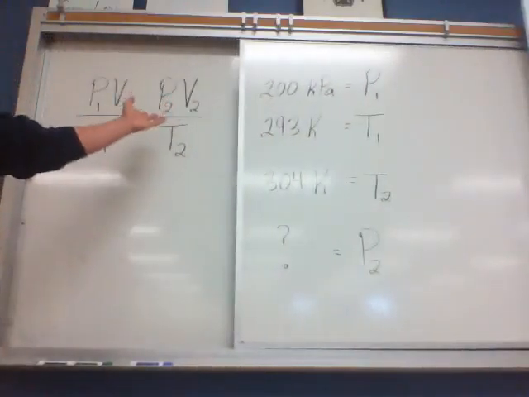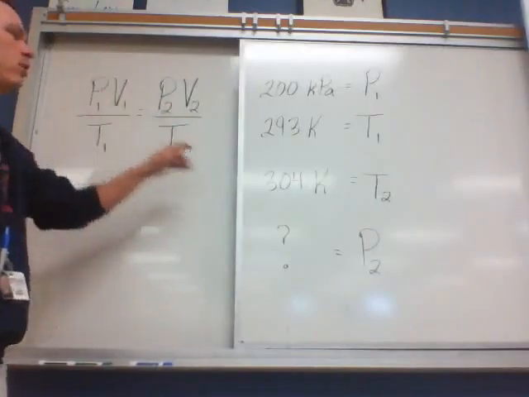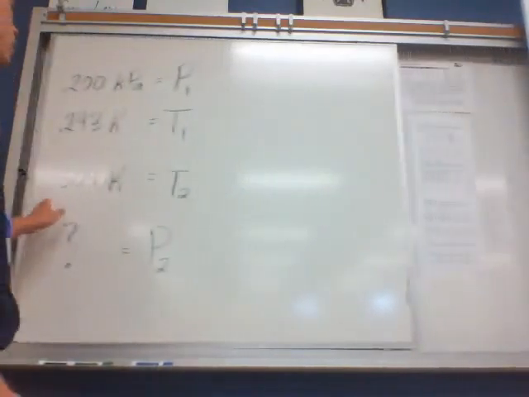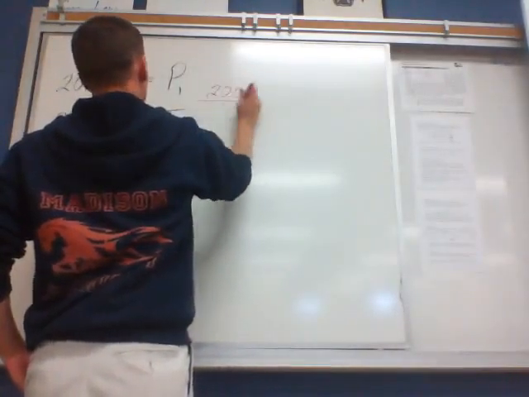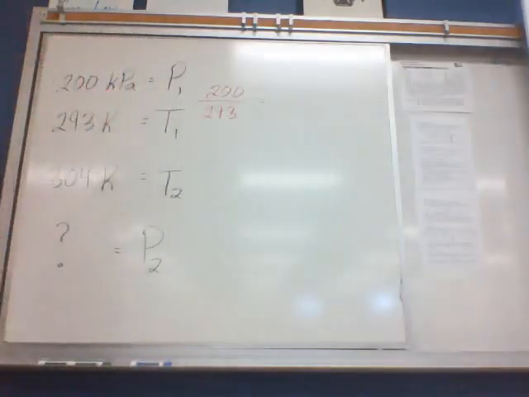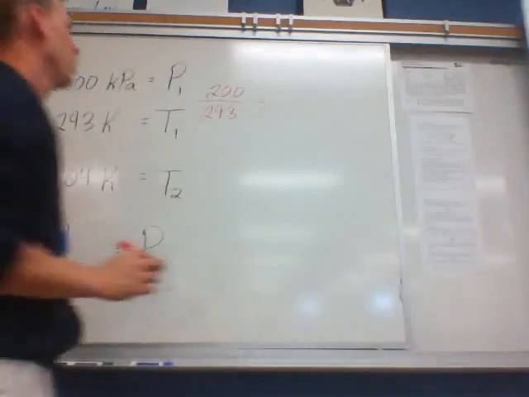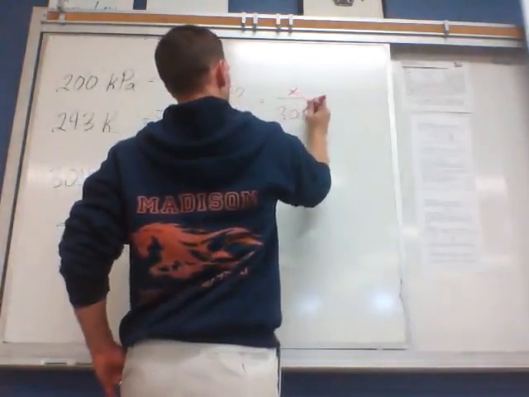If you ignore the V's, because we have no volumes, it would be P1 over T1 equals P2 over T2. So P1 over T1 is 200 over 293 equals P2 over T2. P2's our unknown over 304.